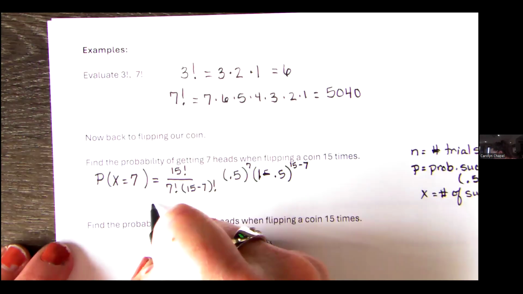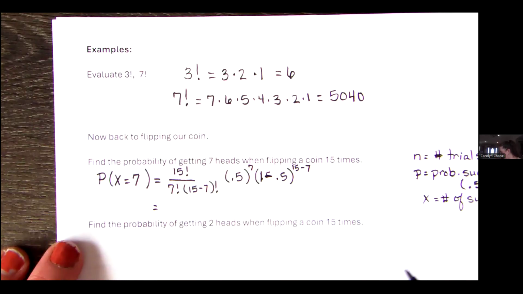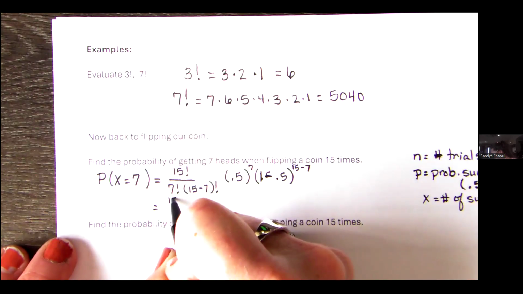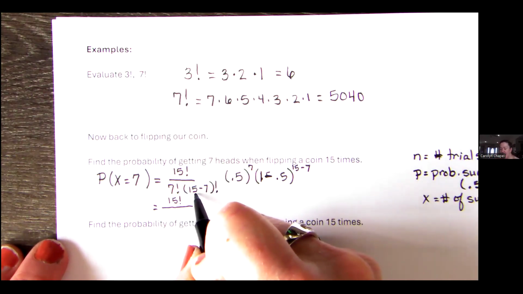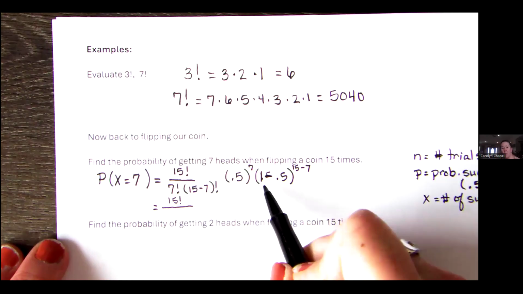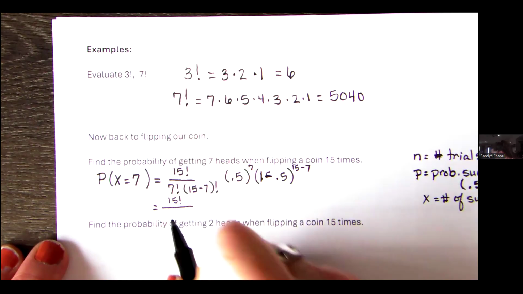I'm going to do a little bit of arithmetic here to clean this up before I go to my calculator. So I'm going to basically take this 15 minus the 7 and my 1 minus 0.5.